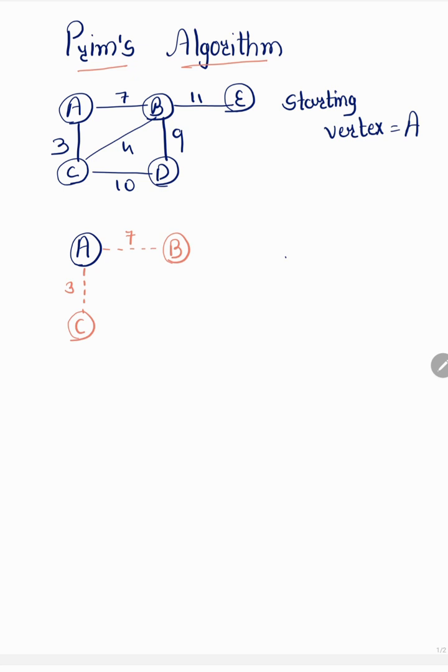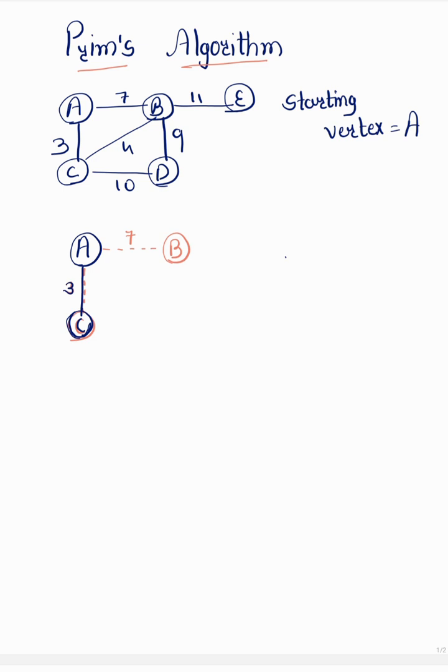Now we need to check which one is the minimum. As you can see, 3 is the minimum. We need to select the edge which has the minimum weight. So in this scenario, C has the minimum weight, so I'll select this vertex. Now my C is reachable with the weight 3, so C has been added to my spanning tree.